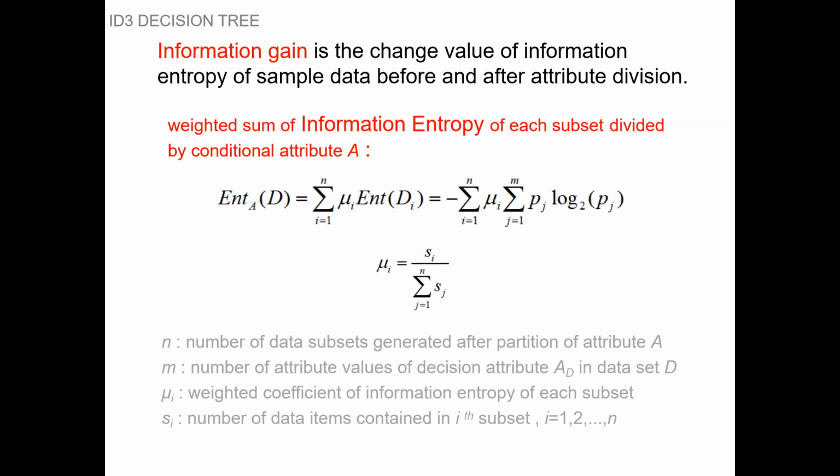The definition of M is the same as M in the previous formula and is the number of attribute values of decision attribute AD in dataset D, and μi is the weighted coefficient of information entropy of each subset, which is defined as the formula.